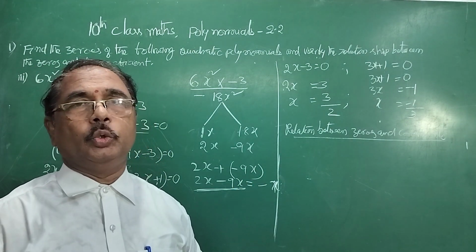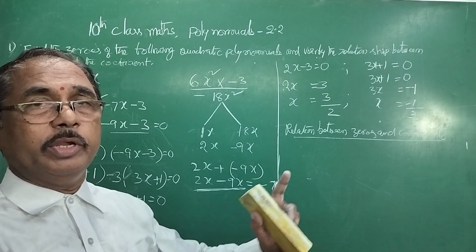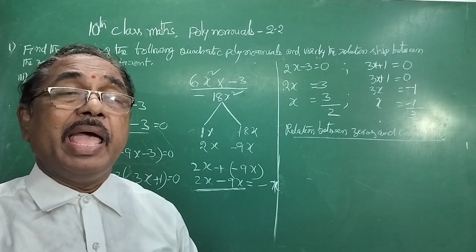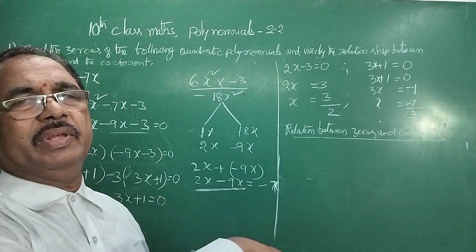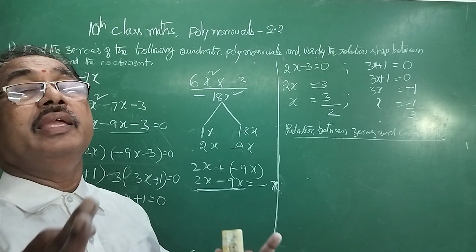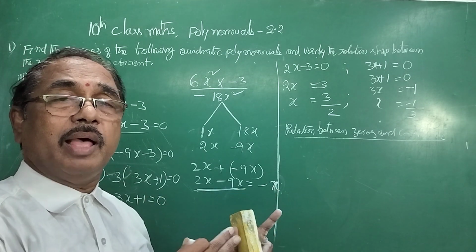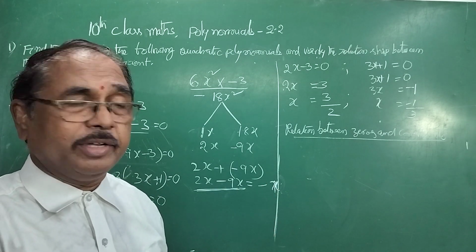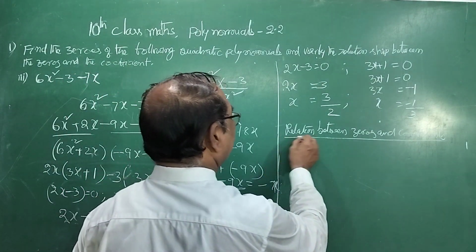When we add the zeros, and when we take the coefficients as per the formula given in the textbook, we are asked to check whether these two are equal or not. Yes, let us check the relation.